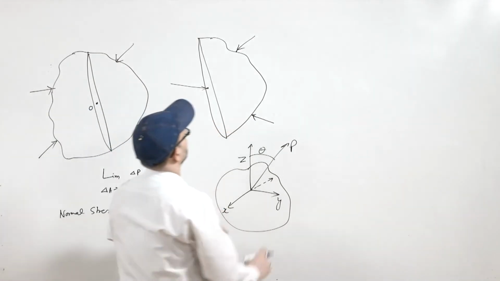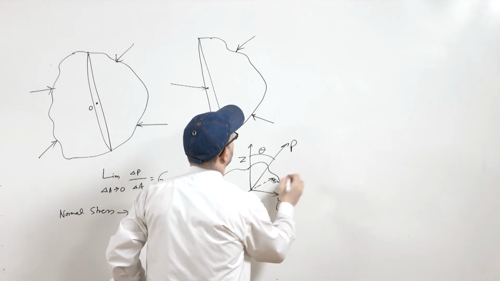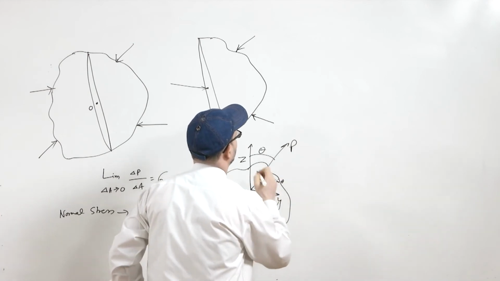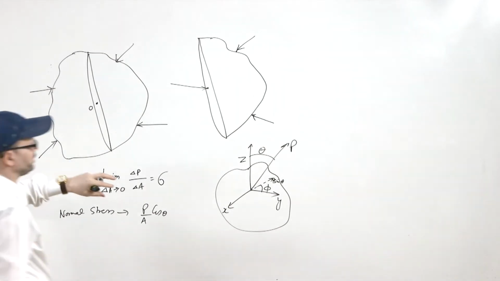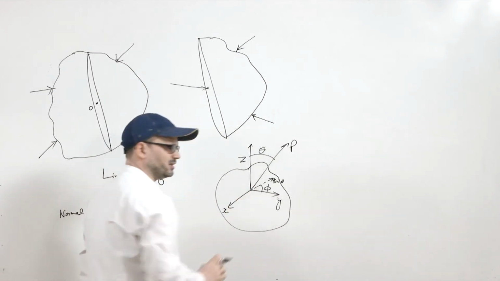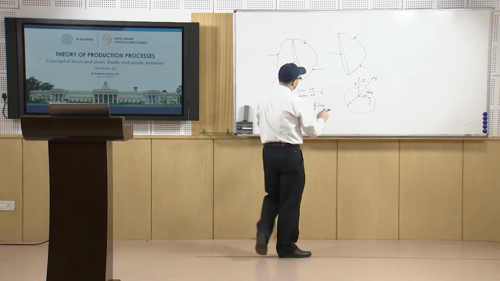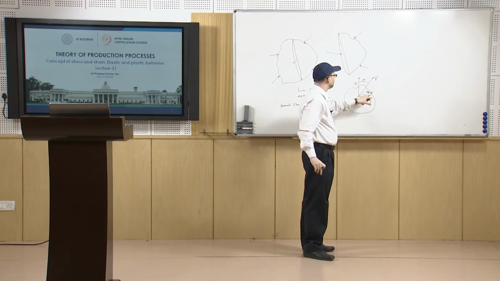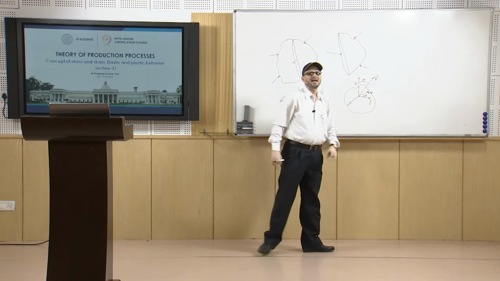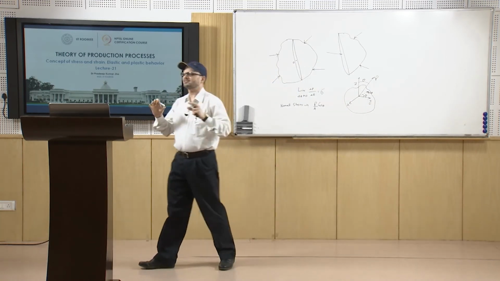Now, for this, suppose this is P sin theta, and suppose this is making angle phi with the y axis. So, again this will have two components in the y and x directions, and they are known as the shear stresses. In this case you will have P sin theta into cos phi in the y direction, and P sin theta into sin phi in the x direction.